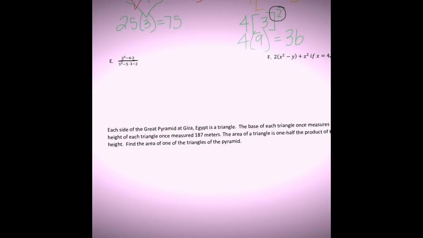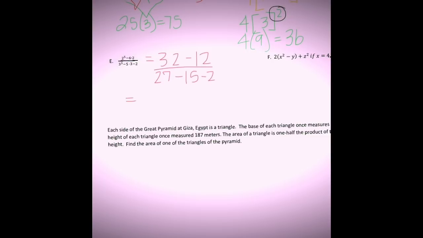Let's look at example E. I have 2 to the 5th power minus 6 times 2, which is 12, all over 3 to the 3rd power, which is 27, minus 5 times 3, which is 15, minus 2.